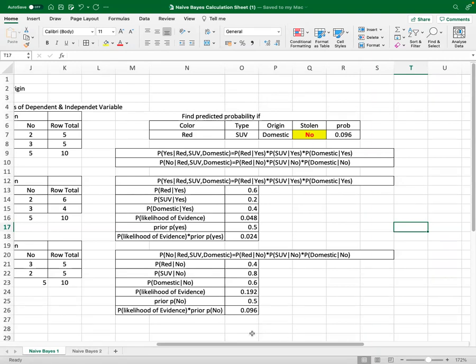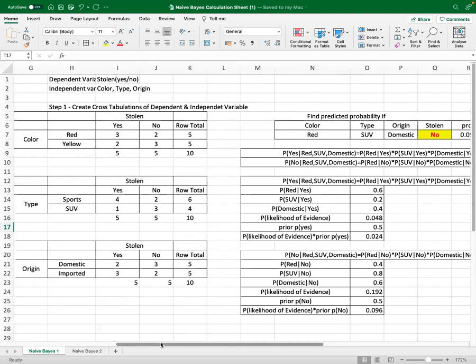What you got? SUV not stolen 3 by 5. You got 0.8.